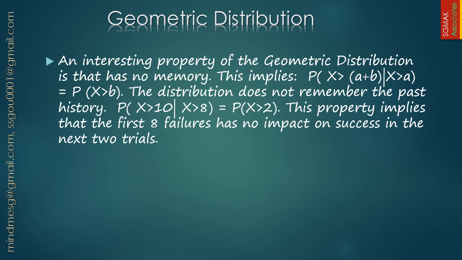So the distribution does not remember the past history. If we take a as 8 and b as 2, then the probability x is greater than 10, given that x is greater than 8, is the same as the probability x is greater than 2. So this implies that your first 8 failures will have no impact on success on the next 2 trials. It has no memory of the previous history. That's the memoryless property of geometric distribution.